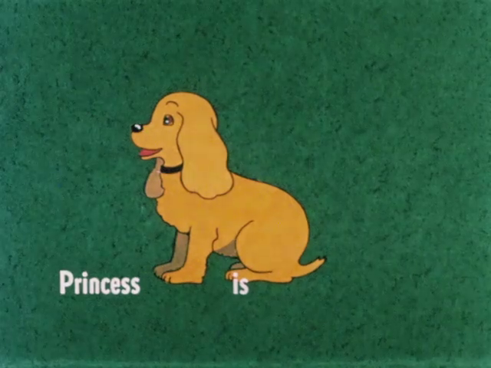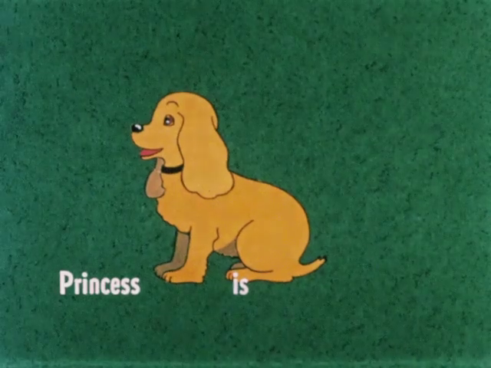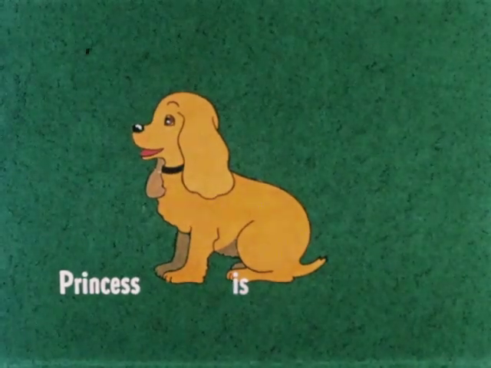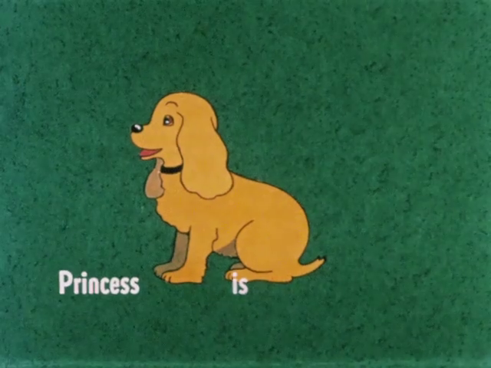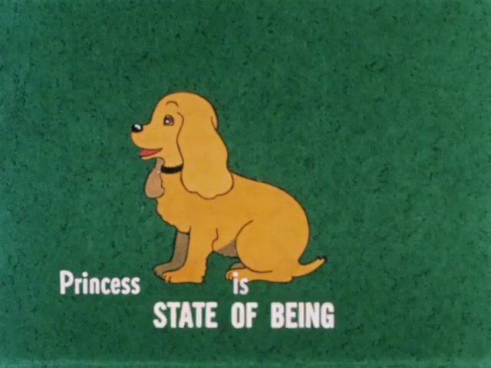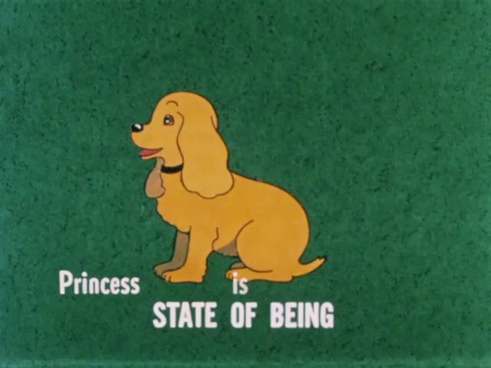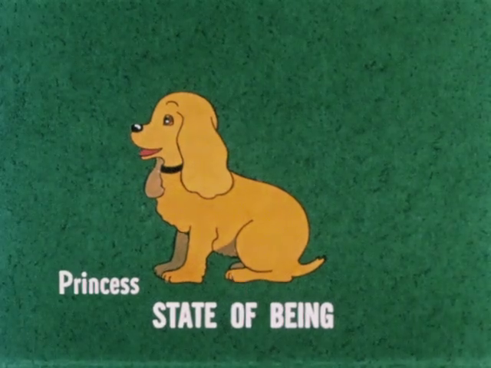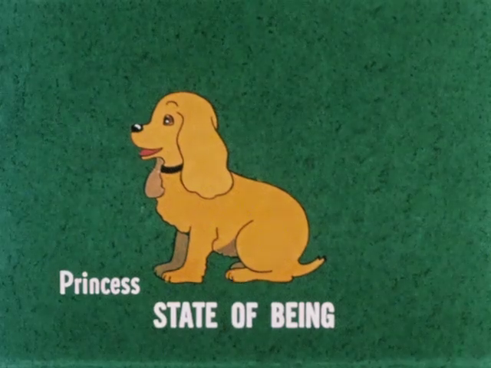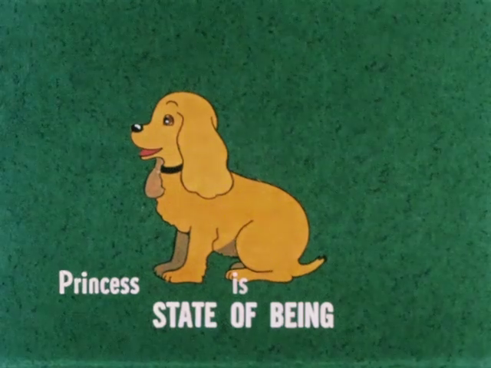Is does not indicate any kind of action. Then what sort of information does the word is give us about Princess? It tells us something about what is called the state of being of Princess. What is the state of being of Princess? Princess is. And the rest of the predicate tells us what Princess is.